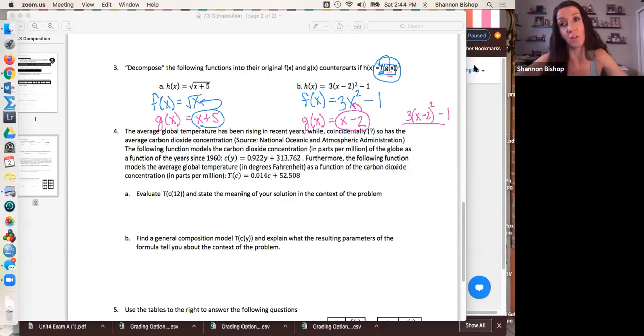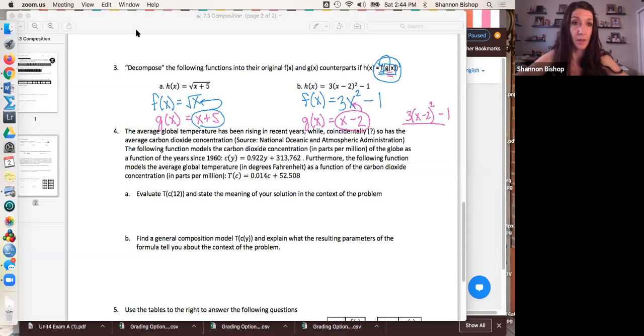So you have to ask yourself, where could I strategically put my variable and what else should be around it so that when I replace that variable with this other creature named g, it will have the structure that I want it to have. Now I know trial and error is not a student's favorite option, but on these, you just kind of have to play with it. It takes a little bit of practice, and you just kind of have to play with it to see how it works out, okay?